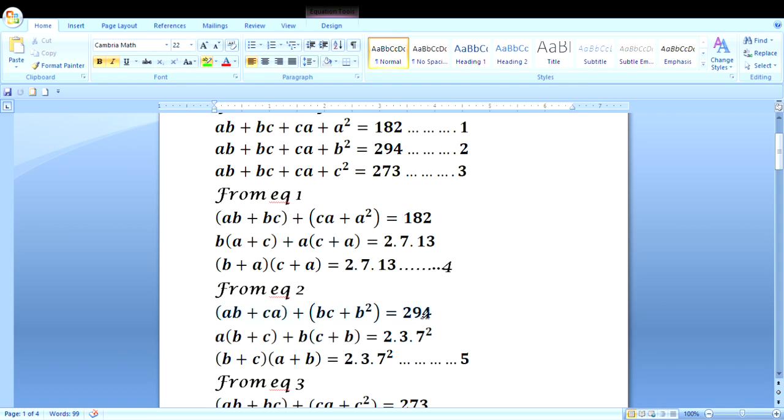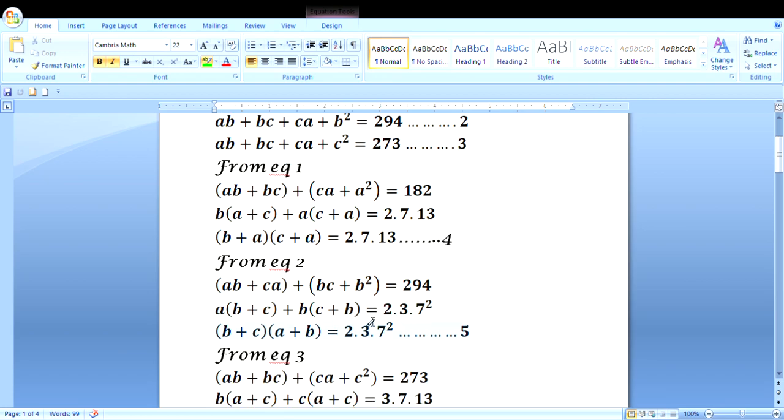And 294 can also be expressed as a product of its primes in index form as 2 times 3 times 7². If we factorize this, the common factor is B + C. So we have (A + B)(B + C) = 2 × 3 × 7², and this is named equation 5.